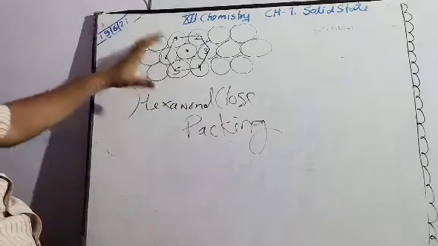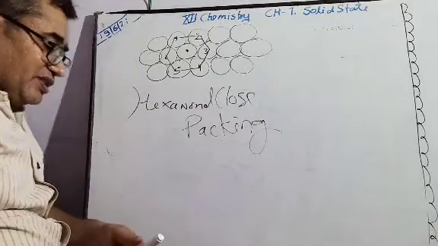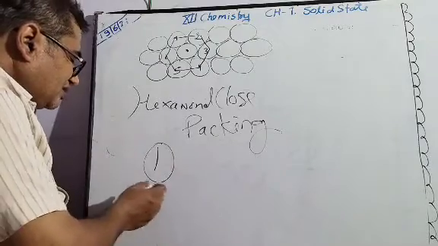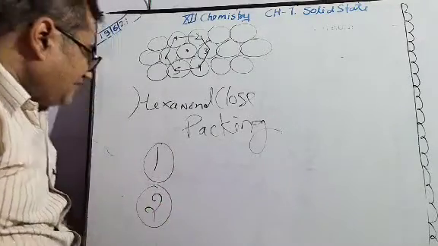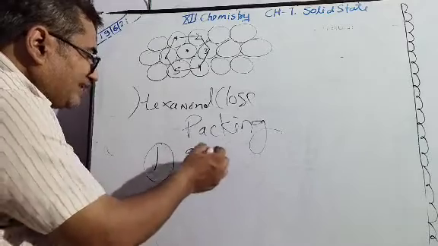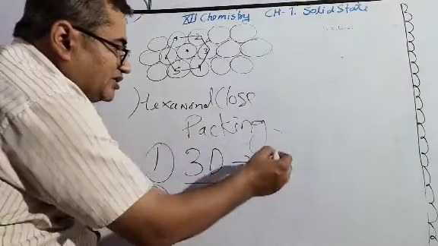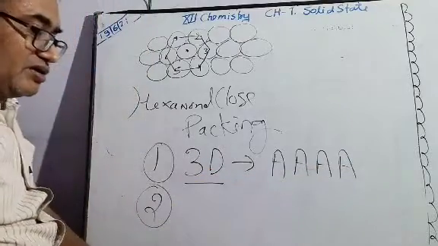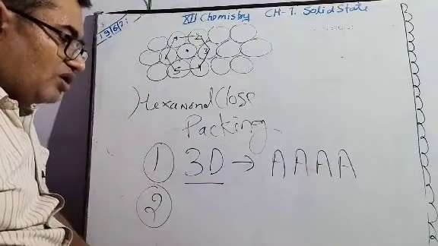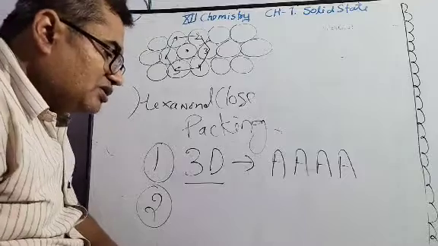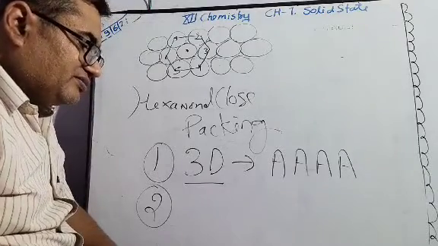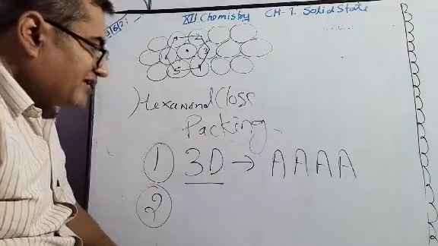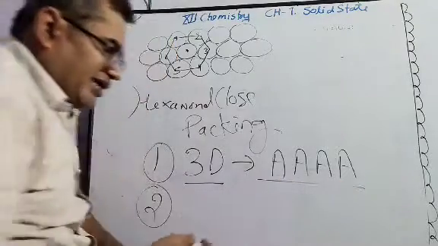Now if we arrange these in 3 dimensions, first of all, square close packing. If we arrange in 3D square close packing, the pattern will be AA only. AA means simple cubic close packing arranged in only an AA pattern.